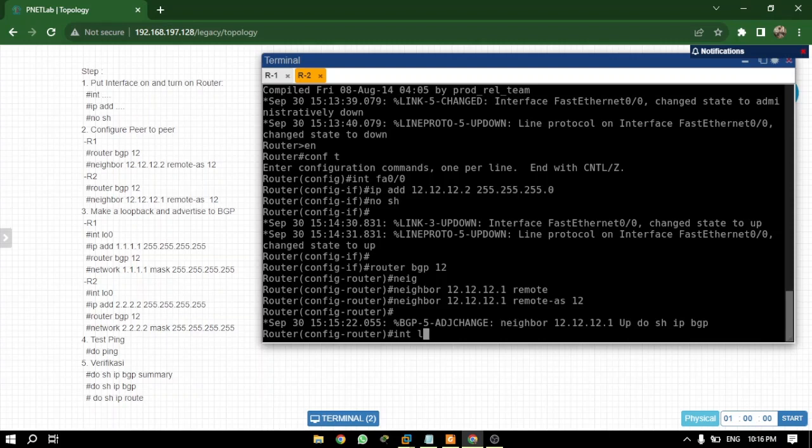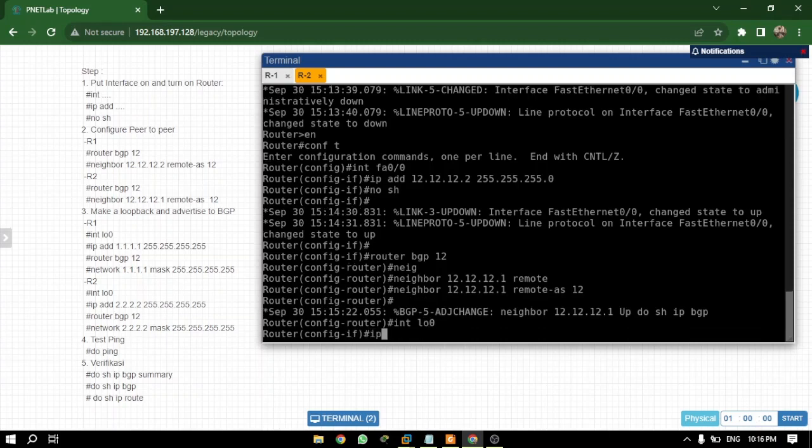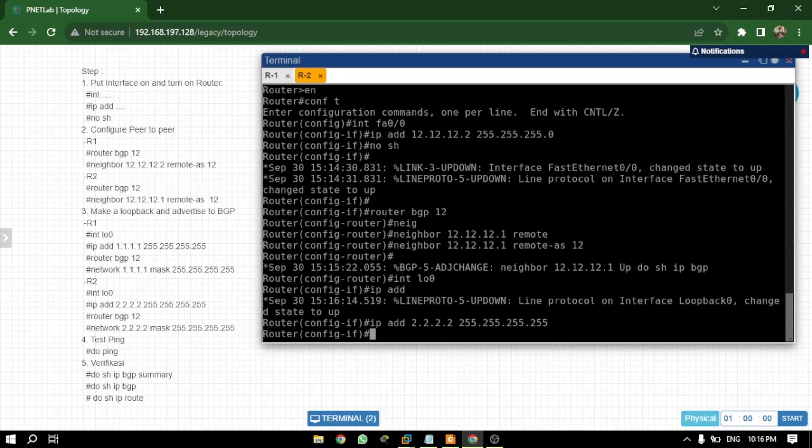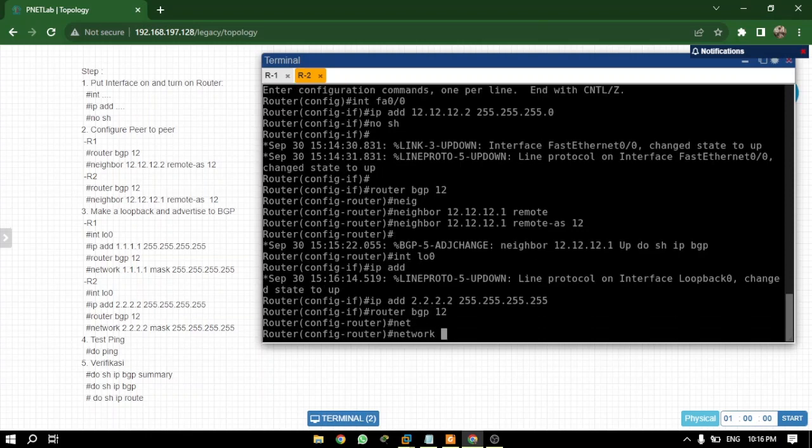Interface loopback 0, IP address, because this is for the second router, we put the loopback 2.2.2.2, and the subnet mask is /32, 255.255.255.255, and then we advertise it to BGP: router BGP 12, network 2.2.2.2 mask 255.255.255.255.